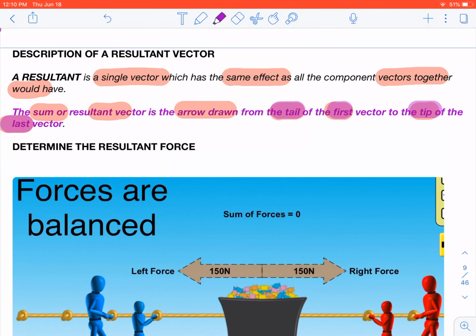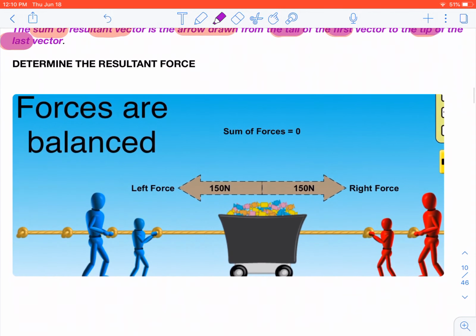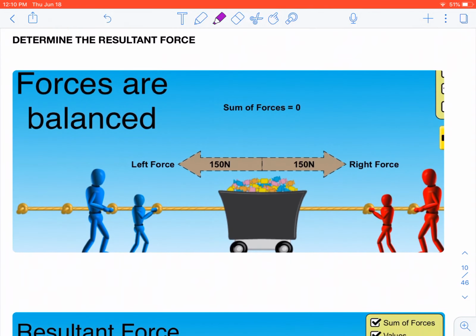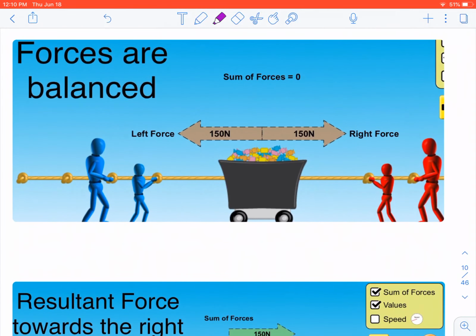Now let's look at this. Here we got forces are balanced. In this situation, the forces are balanced, and let's have a look at it. Here we got 150 newtons towards the left, and we got 150 newtons to the right. So what happens?